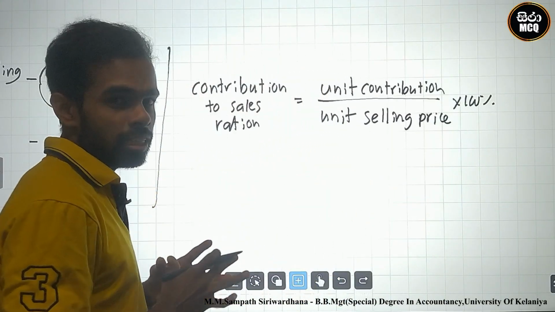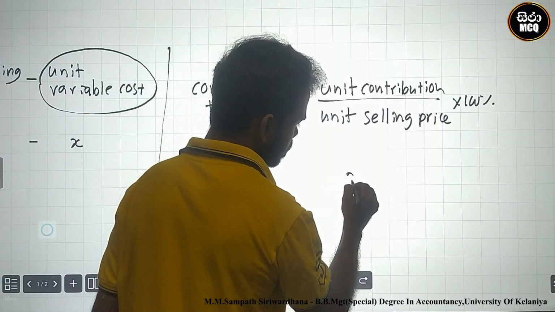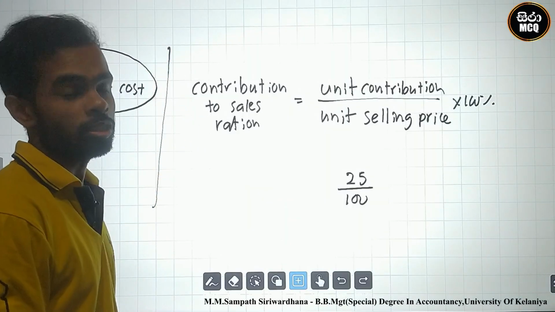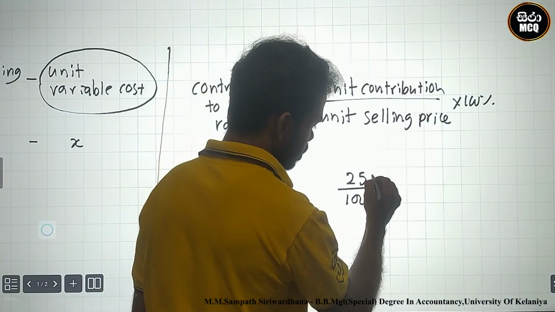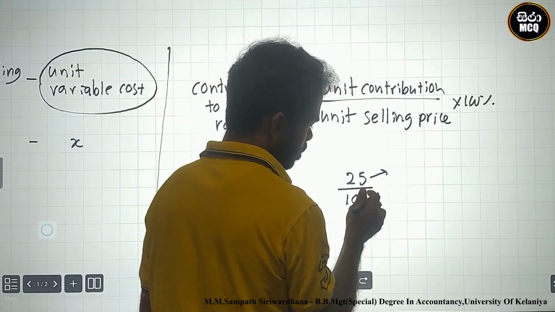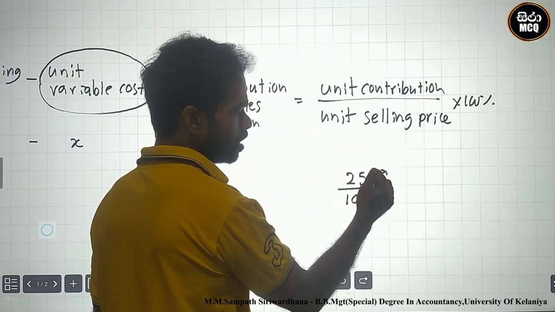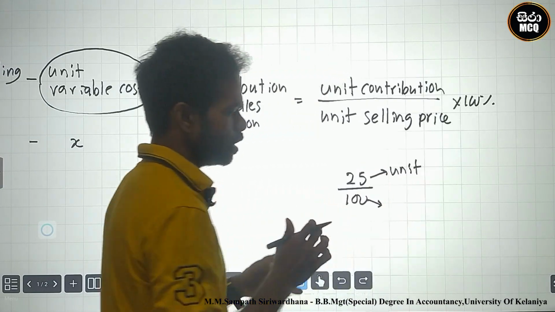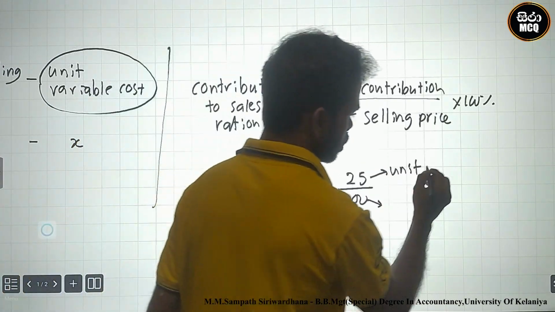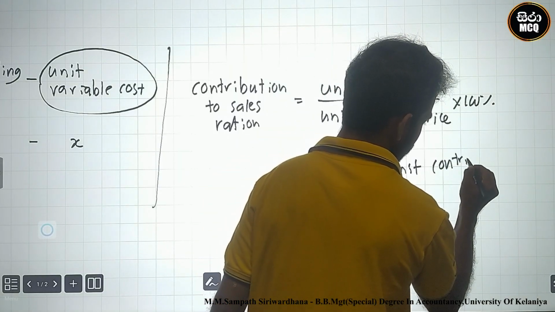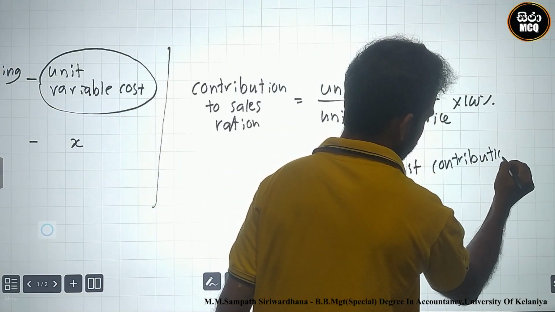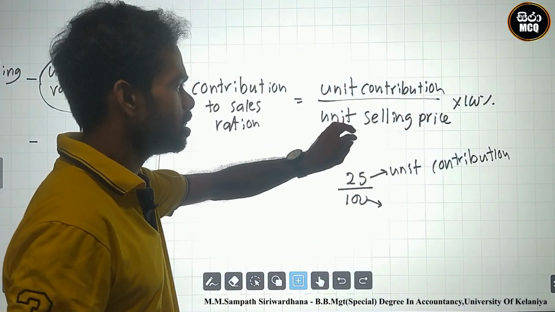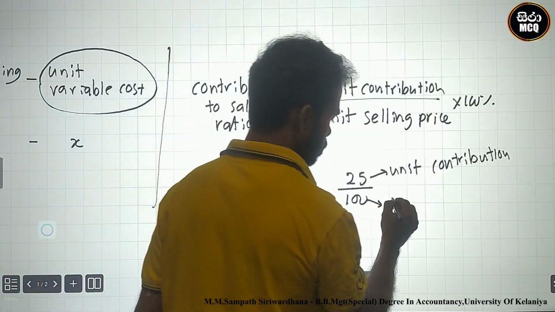They already calculated 25% as the contribution to sales ratio. What is the meaning of that? The upper part is the unit contribution, 25 on a percentage basis. The 100 is the lower part, the unit selling price.